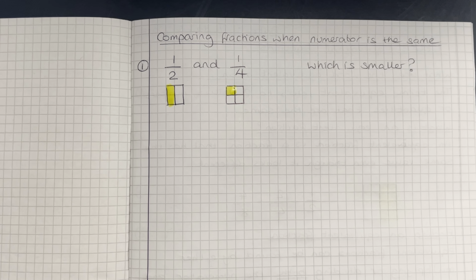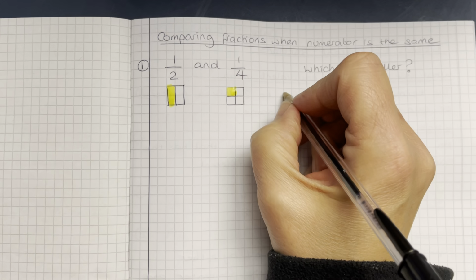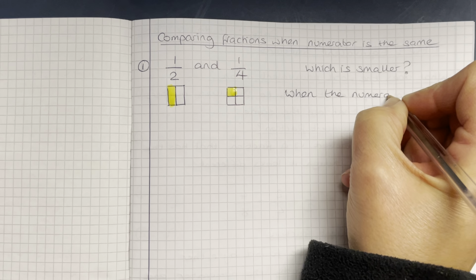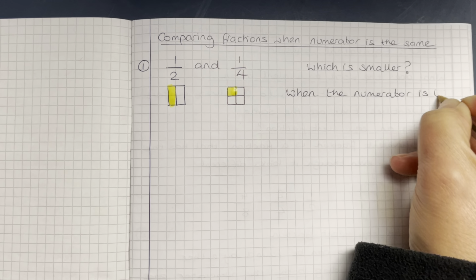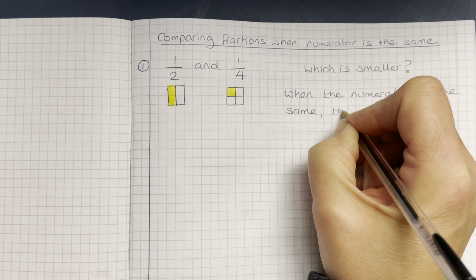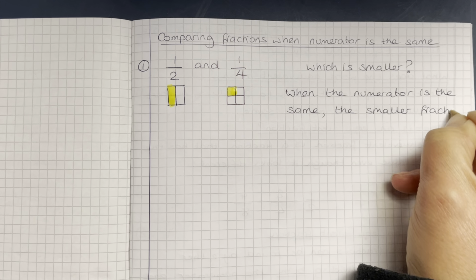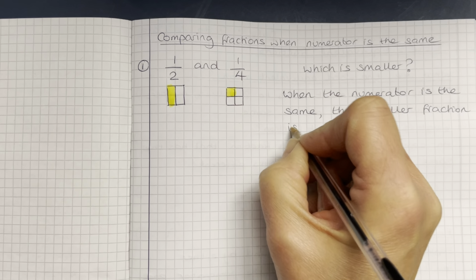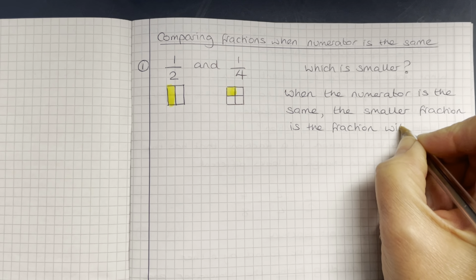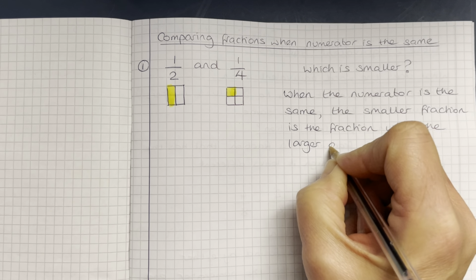Okay, so let's just write that as our last sentence of this video. When the numerator is the same, the smaller fraction is the fraction with the larger denominator.